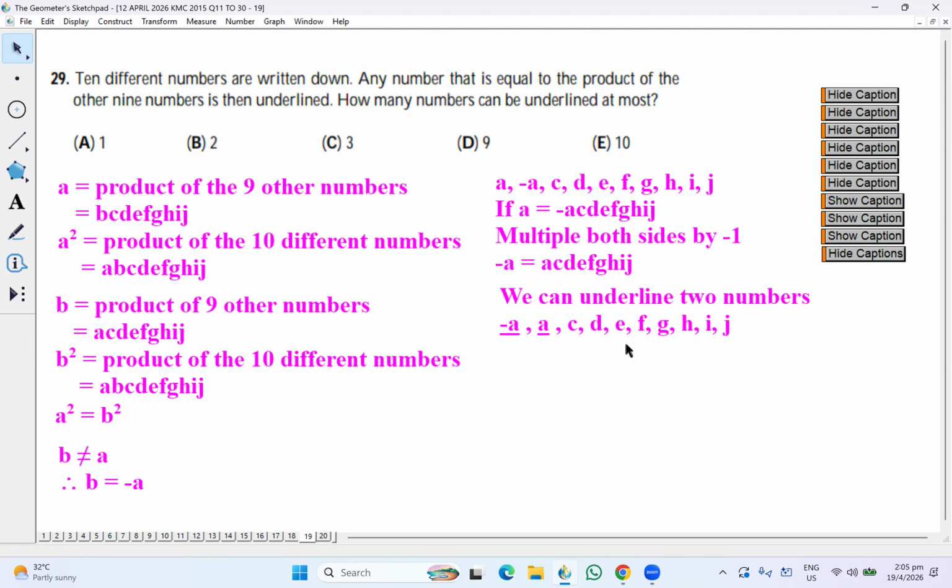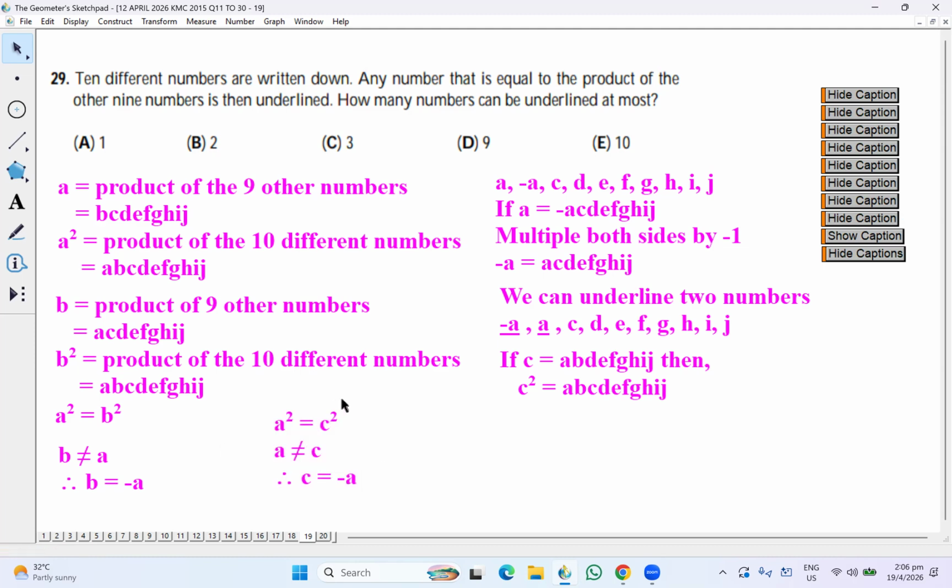How can we show that there are no more numbers? Suppose C is another, a third number. So A, B, D, E, F, G, H, I, J. Then we consider C square. Then we get the product of 10 numbers, which is also equal to A square.